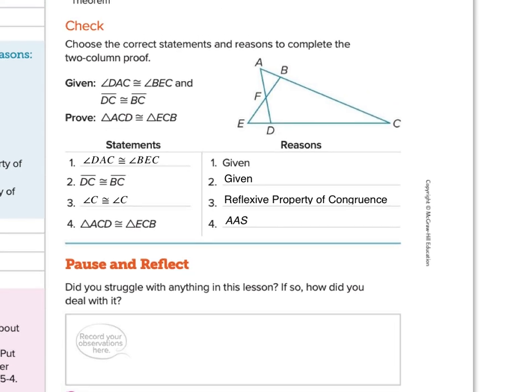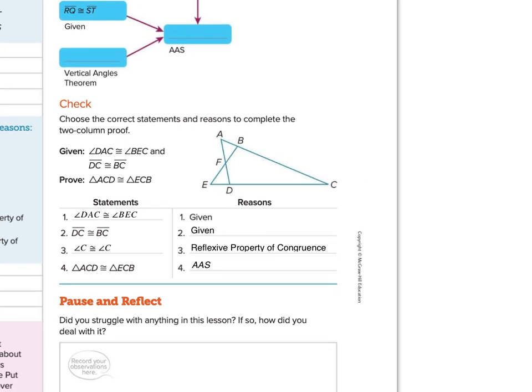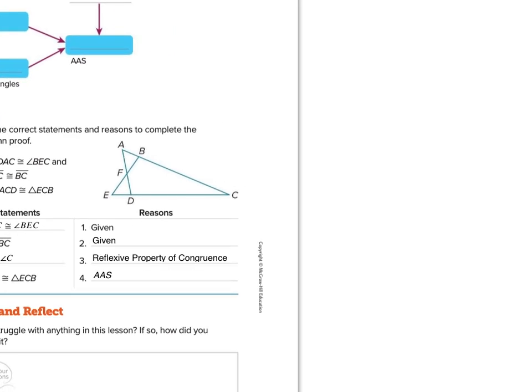Let's see here. So looking at this one, I will tell you that we have two different triangles that we're trying to prove are congruent. And the easiest thing to do in this situation is to split the triangles up to where it's a little bit easier to see. When you have overlapping triangles, split them up.